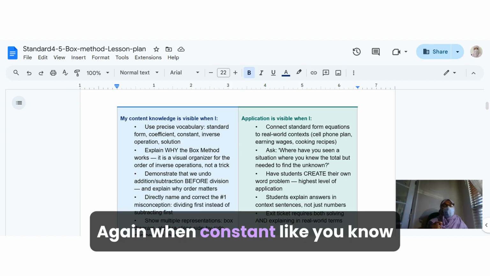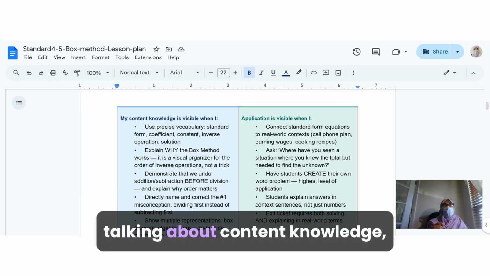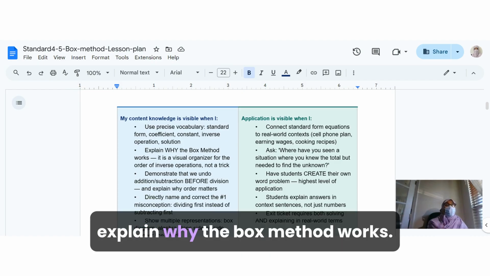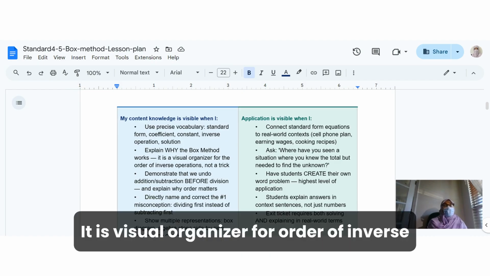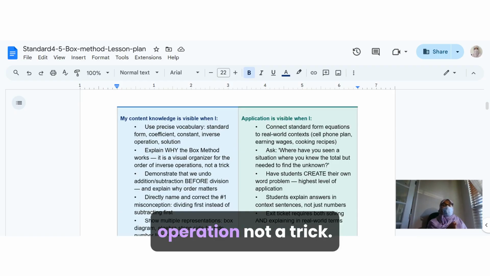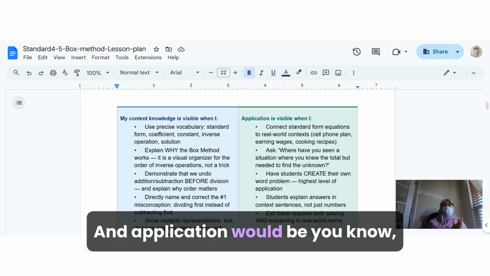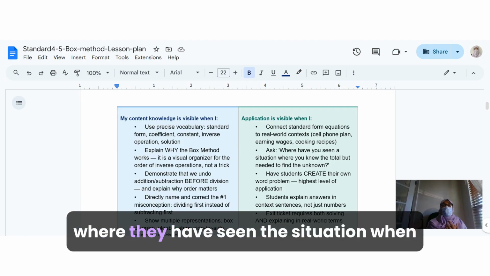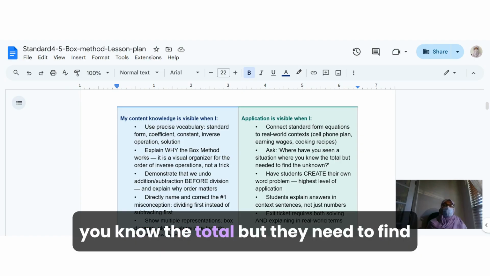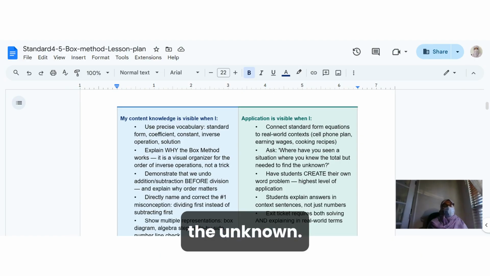Again, talking about content knowledge, explain why the box method works. It is a visual organizer for the order of inverse operations, not a trick. And the application would be where they have seen the situation when you know the total, but they need to find the unknown.